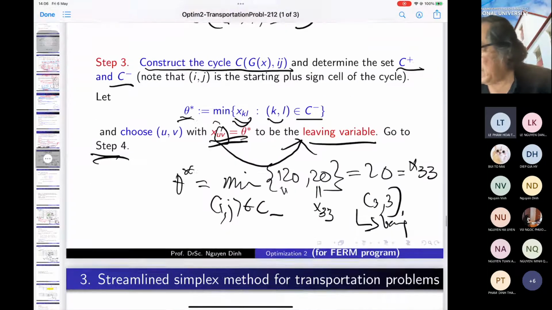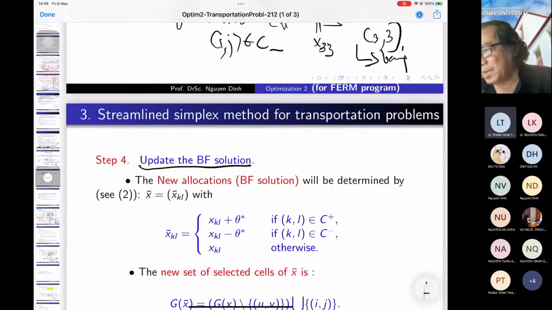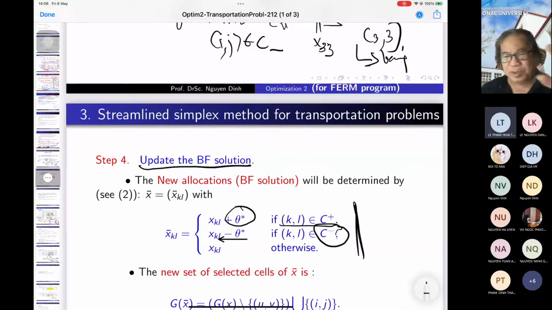Step 4 means that we update the BF solution. The new feasible solution is this: all the kl in the plus cells get plus theta star, all in C minus get minus theta star, and all the others which are not in C plus or C minus keep the same.